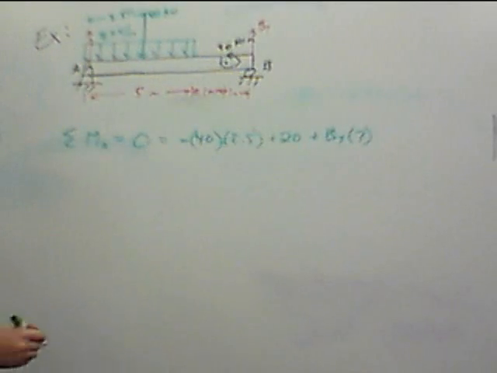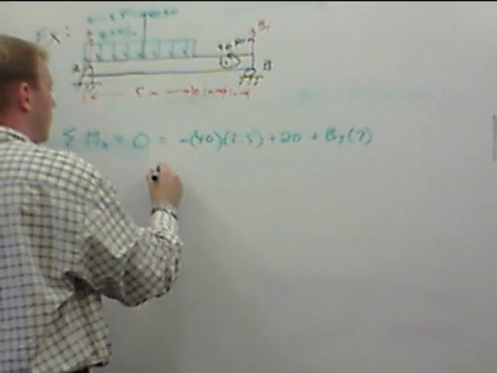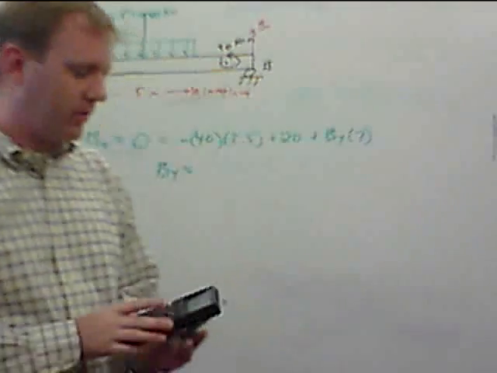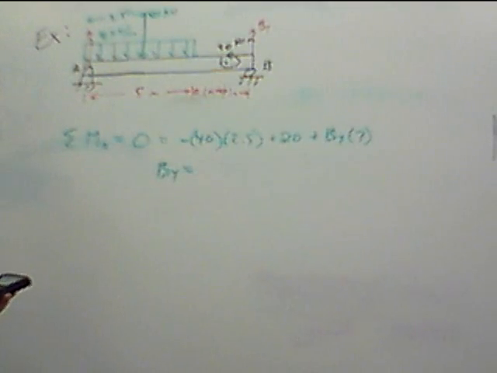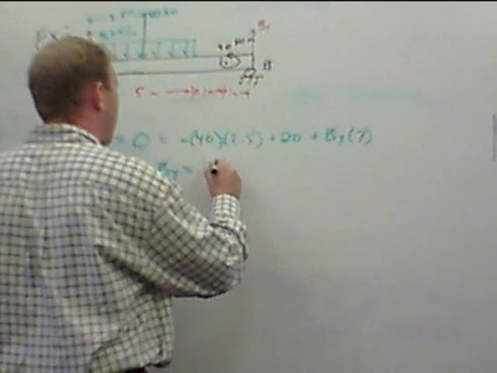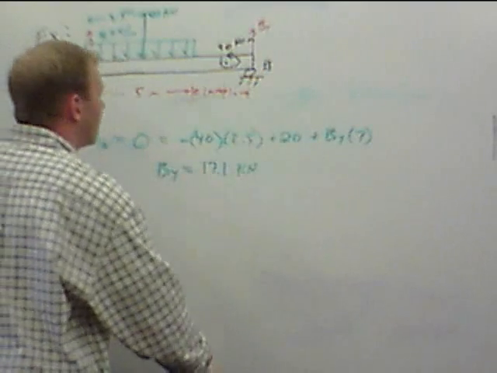Okay, so we do the math here. We have 120 divided by 7. So we have By is going to be a not particularly round number, it's 17.1 kilonewtons. So I'll write that in here.